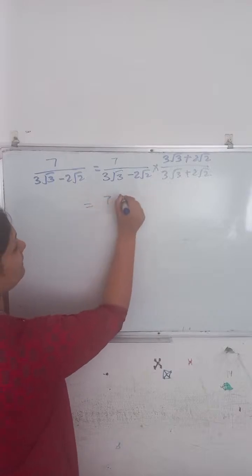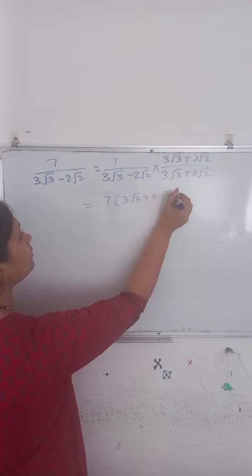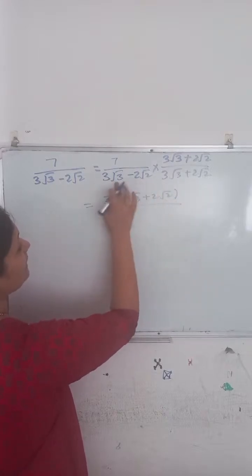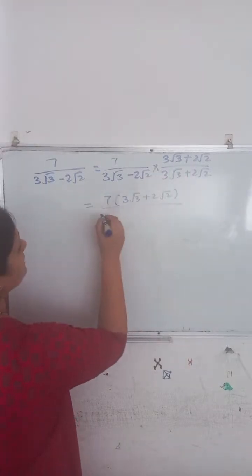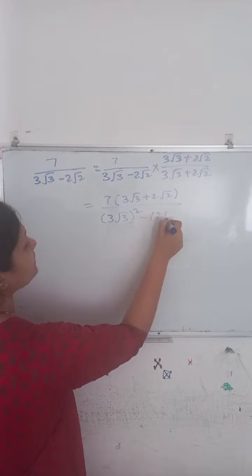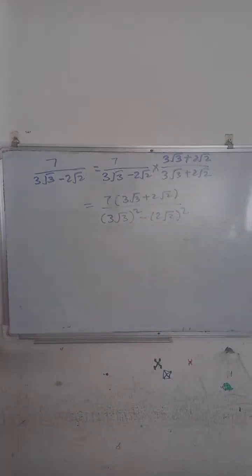Okay, so 7 into 3 root 3 plus 2 root 2 divided by, we can write it as a plus b, a minus b and a plus b, that is 3 root 3 whole bracket square minus 2 root 2 whole bracket square. Okay, so now simplify this.